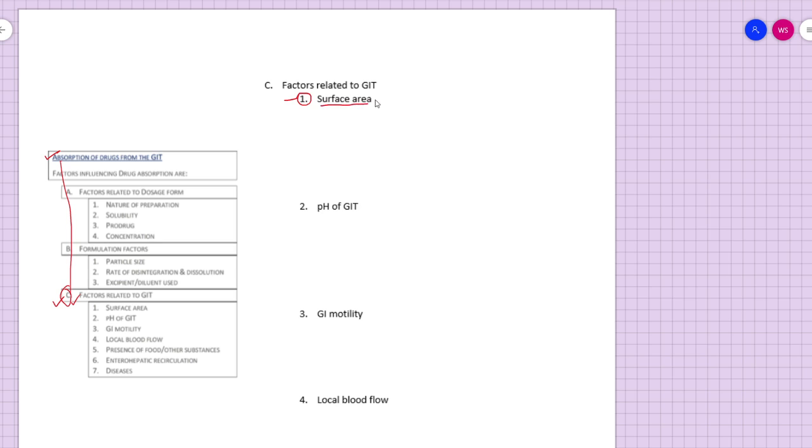surface area. Okay. So the rule of thumb that we need to remember is that the rate of absorption is directly proportional to the area of the absorbing surface.